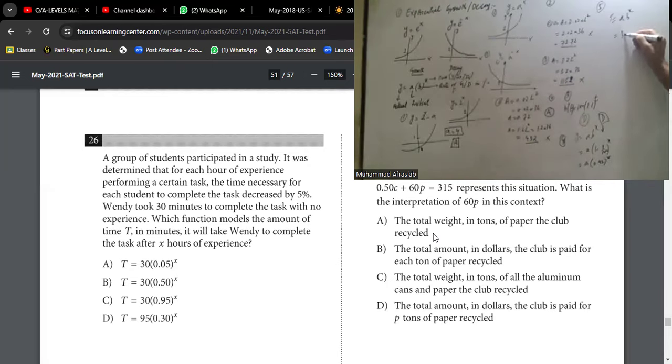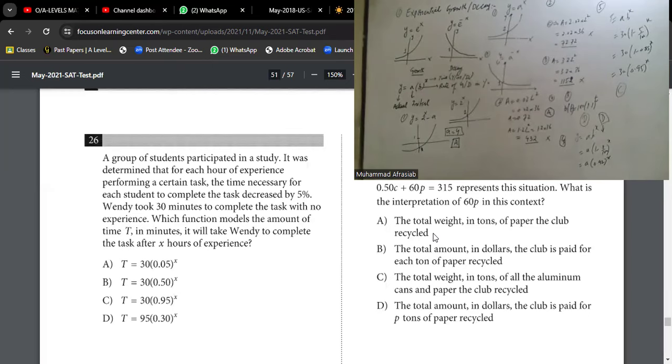Because the initial value is 30 and 5% is less than that, that should be equal to 30 into 1 minus 0.05 to the power x, or that should be equal to 30 into 0.95 to the power x. So 30 into 0.95 to the power x is part C of this question. So the solution of this question number 5 is part C.